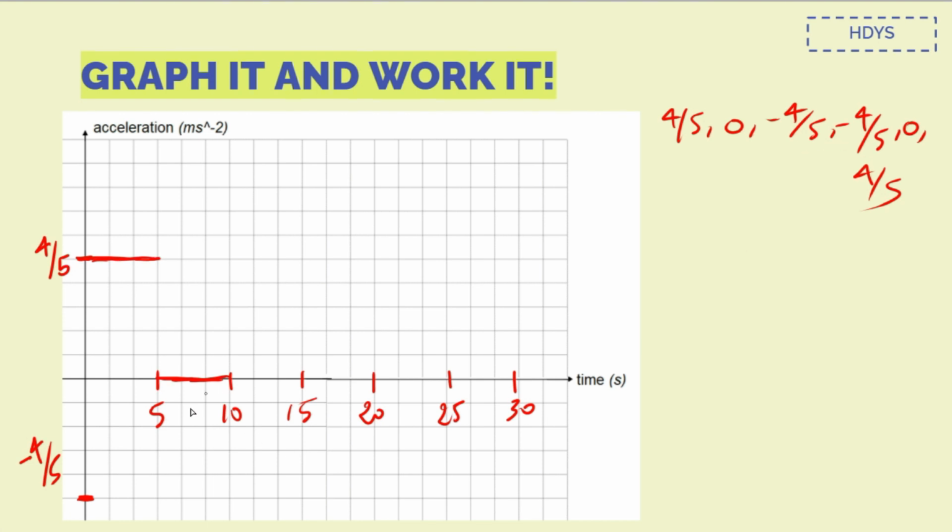Once again, it jumps all the way down to negative 4 over 5 for the next 5 seconds. It keeps on going at negative 4 over 5. And then it jumps back again to 0 and goes all the way up and accelerates to 4 over 5. So this is what your graph should essentially look like.